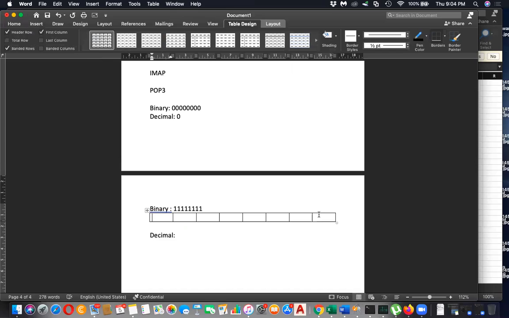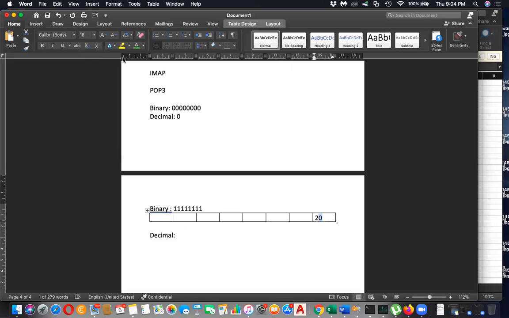The first position is 2 to the power 0. Any number to its power 0 is 1. Then you have 2 to the power 1, 2 to the power 2, 3, 4, 5, 6, 7.